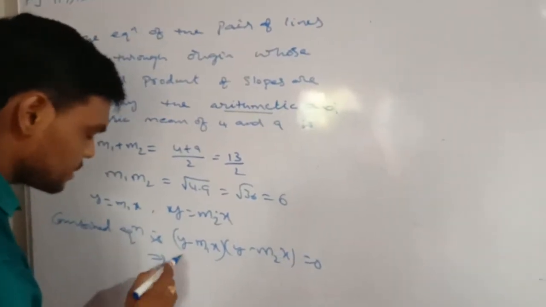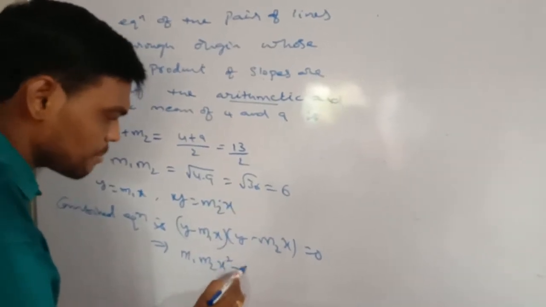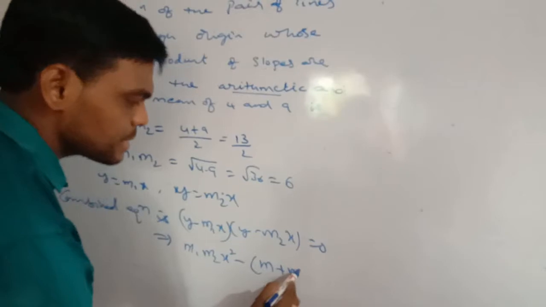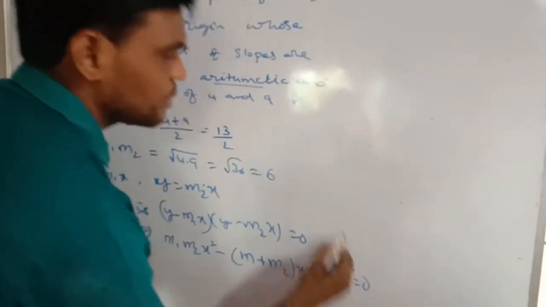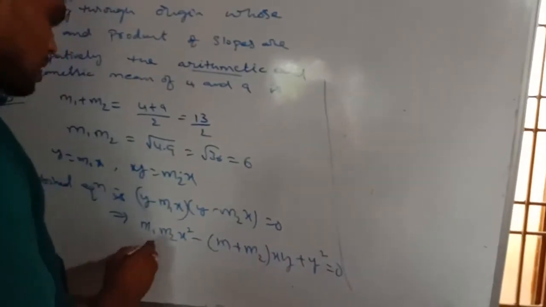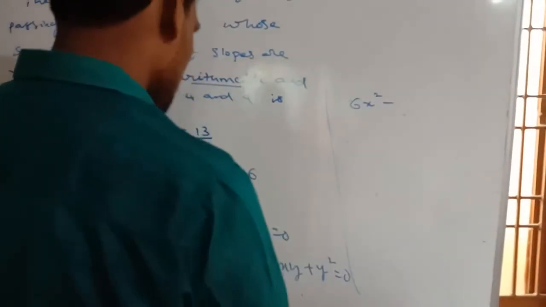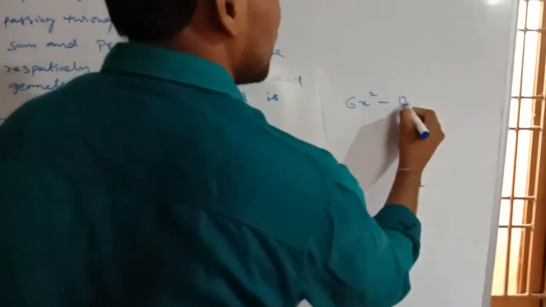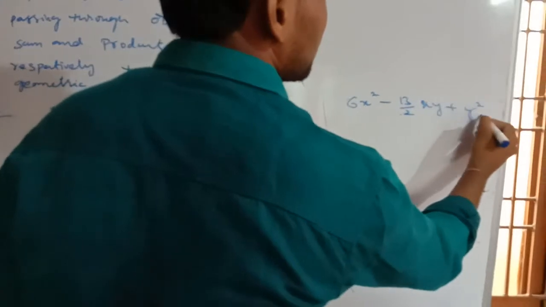That implies m1 m2 x square minus m1 plus m2 into xy plus y square is equal to 0, that is 6 x square minus 13 by 2 into xy plus y square is equal to 0.